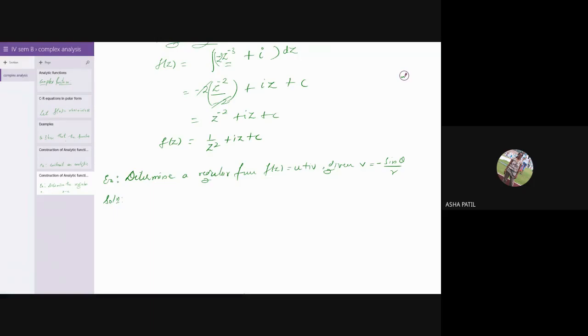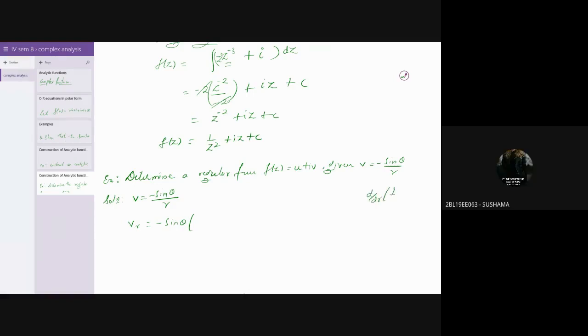So we are given the imaginary part here, v is equal to minus sin theta divided by r. Let us differentiate it with respect to r, with minus sin theta held constant. What's the derivative of 1 by r with respect to r?